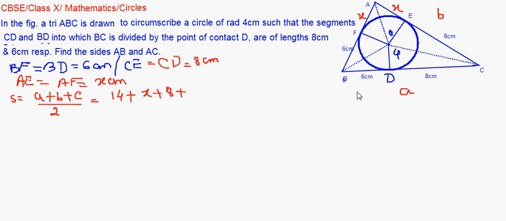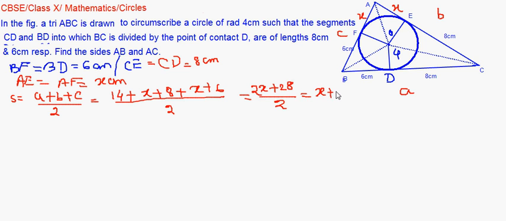This side is c, which is AB, so it is AF plus FB, which is X plus 6, all divided by 2. So I'm getting 14 plus 14, 28, plus 2X, so 2X plus 28 by 2. That's giving me X plus 14. So this is S.